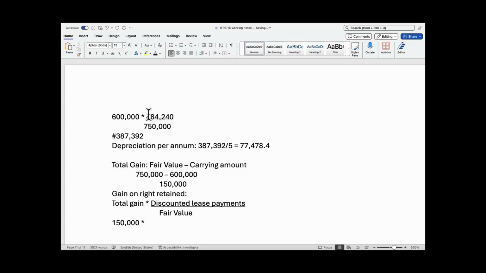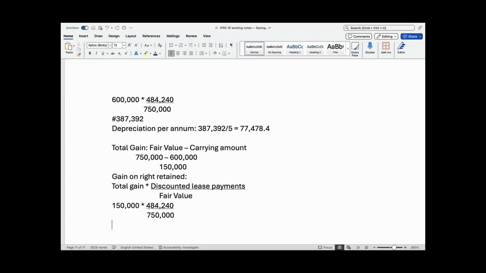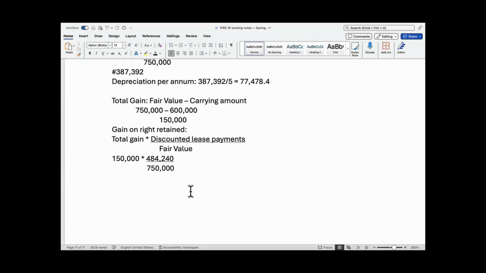The discounted lease payment is this 484,240, all upon fair value, which is 750,000. So with this, my gain on rights retained is 96,848.